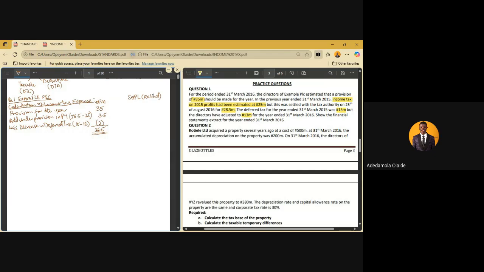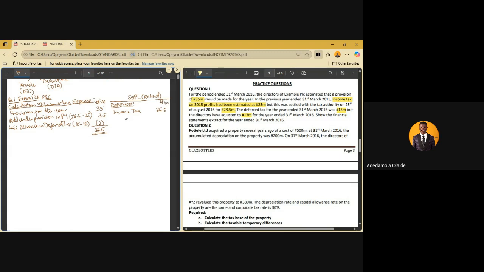So if we are now to show our SOPL extract for the year, under expenses we have income tax expense, which will be 36.5 million.